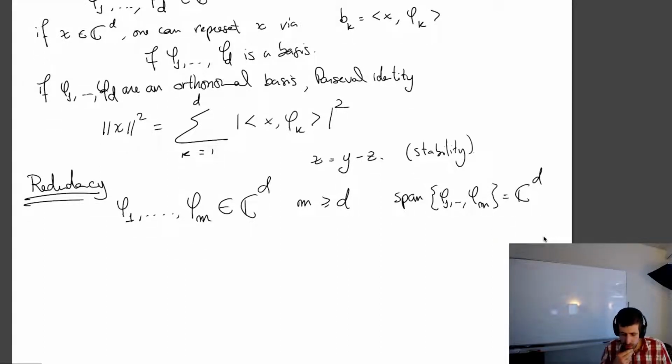What are the advantages of this? There are many advantages. It gains some form of stability and so on. But in particular, if I want to communicate, I have a signal x, and I represent x via these beta k's.